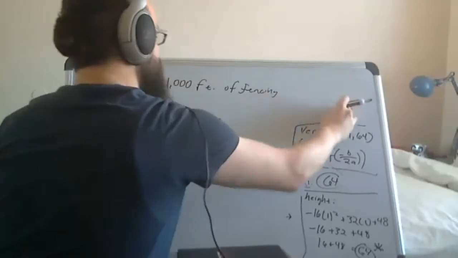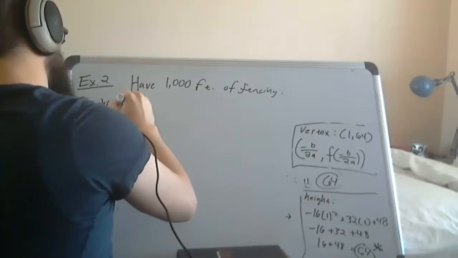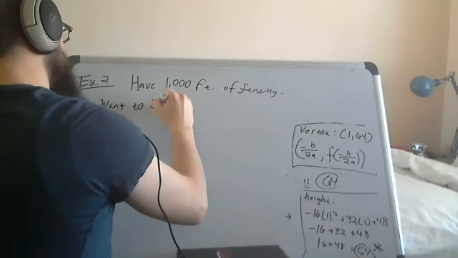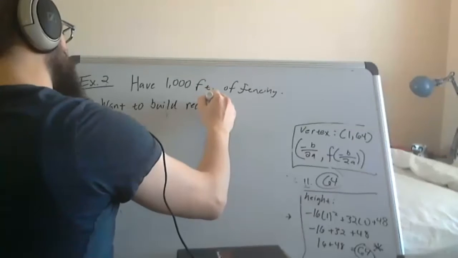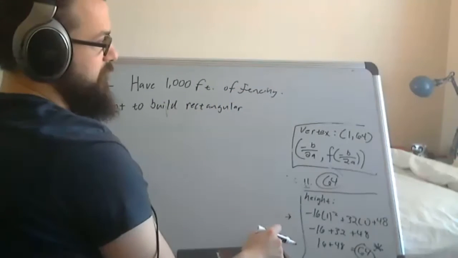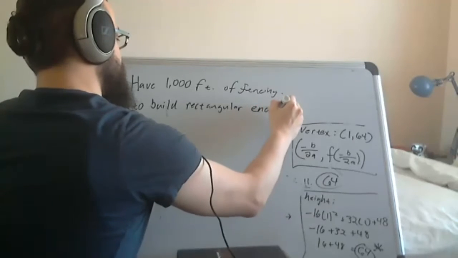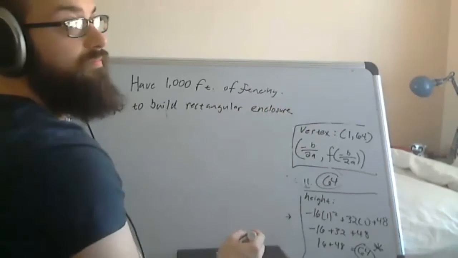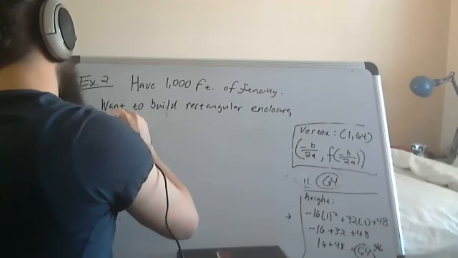So not a square, not a trapezoid, but a rectangular enclosure, with a river on one side.